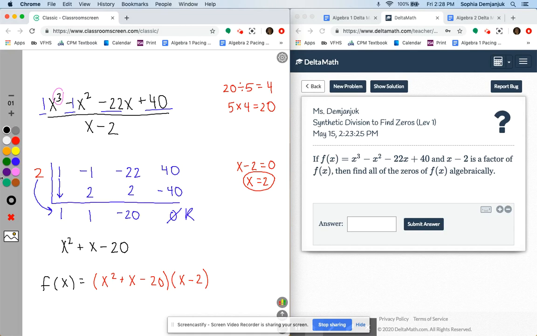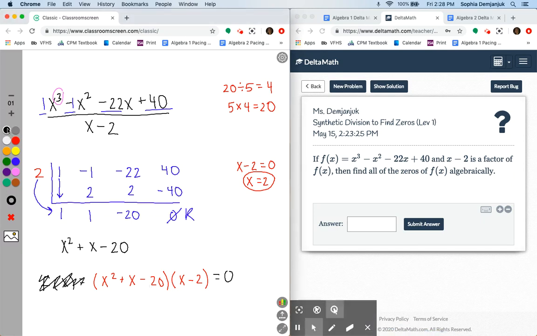So now I want to find the zeros of this function. And if I want to find the zeros of it, I'm going to set it equal to 0. So it doesn't need to be f of x equals anymore. Looking at what I have, a quadratic in this first parentheses, and we know that we can factor a quadratic easily when a equals 1.